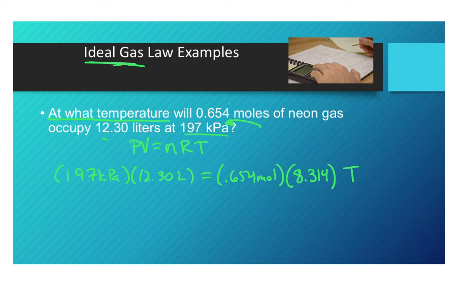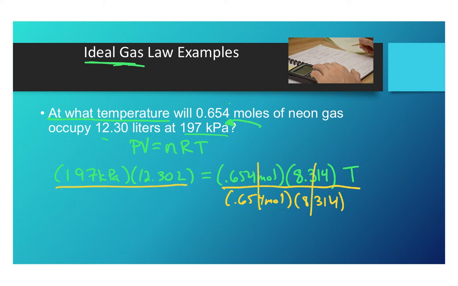At what temperature? All right, so now we've got this set up, and now I just have to solve for T. So once again, to solve for T, I need to get rid of the other things that are with it. So 0.654 moles times 8.314 cancels. But if I do it on one side, I've got to do it on the other.